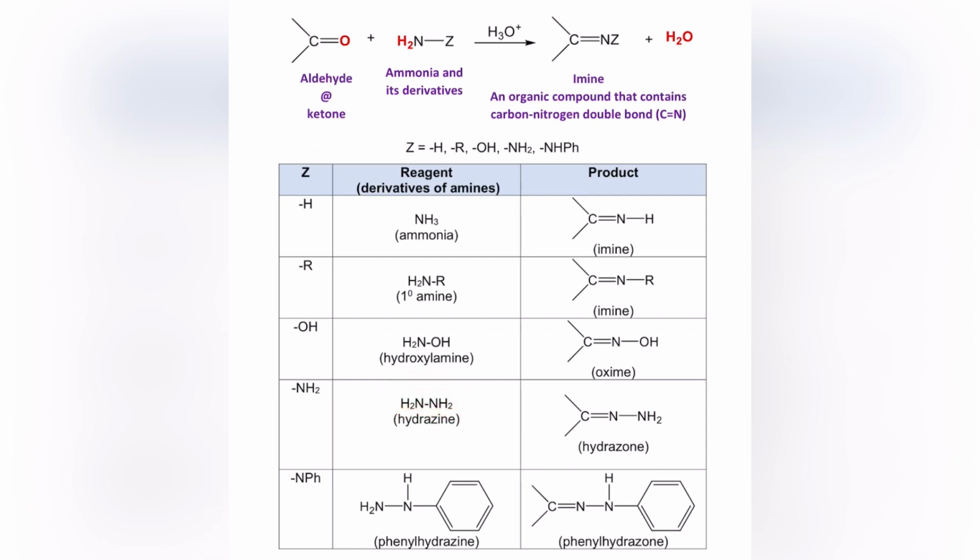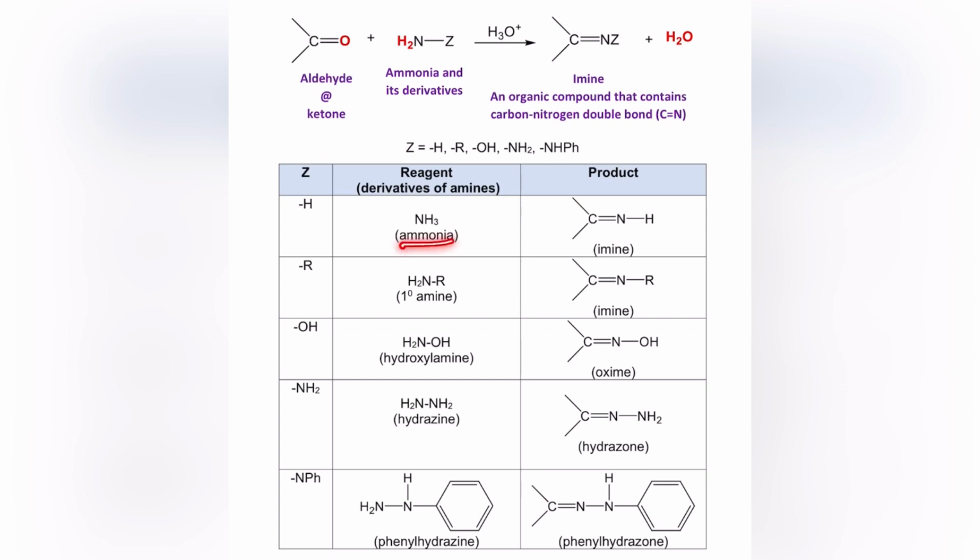And last one, your Z attached to NHPh. Ph is referring to phenyl. So phenyl is our benzene ring as the substituent. So this is what we call phenylhydrazine. So what I'm going to explain to you, if you got derivatives of amine, take a look carefully. It doesn't matter, but make sure you understand you are going to condense the water.